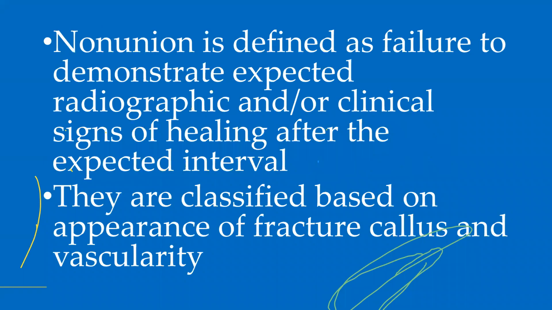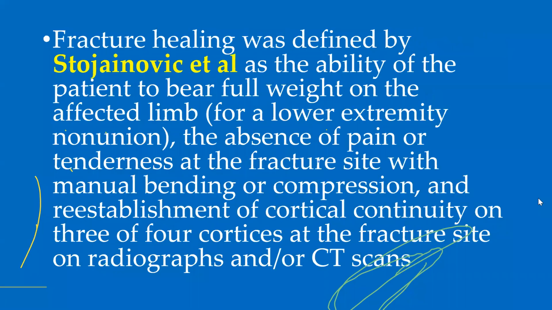Non-union is defined as a failure to demonstrate expected radiographic and/or clinical signs of healing after the expected interval. They are classified based on the appearance of the fracture callus and vascularity.